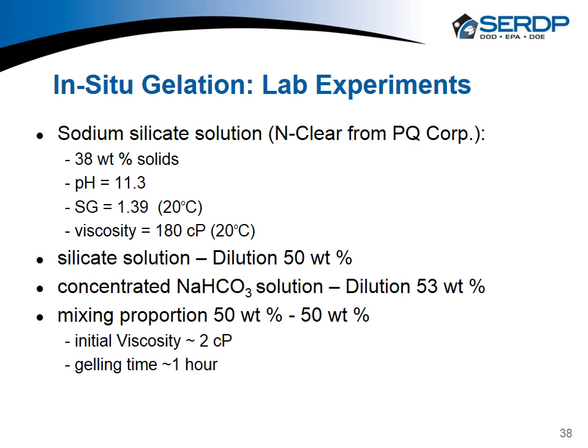We also prepared a sodium bicarbonate solution, diluted by about 53%. We mixed the diluted sodium silicate solution and the diluted bicarbonate solution in about a 50-50 proportion. The initial viscosity is about 2 centipoise, which is good for injection purposes, and the gelling time of this particular combination is about 1 hour.